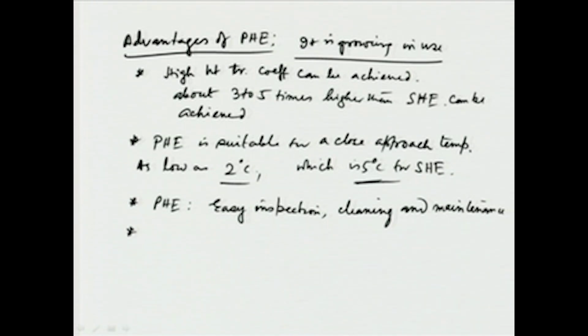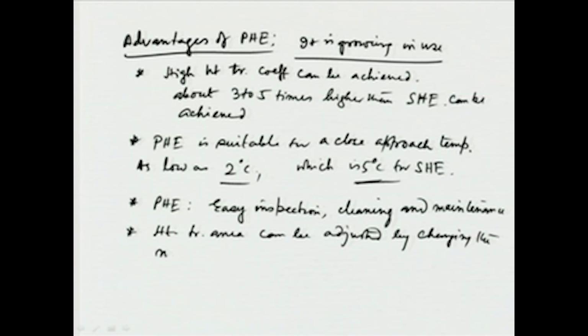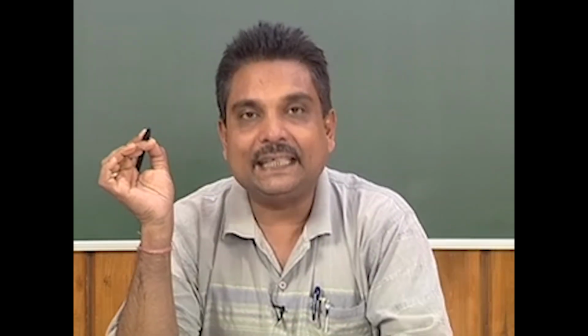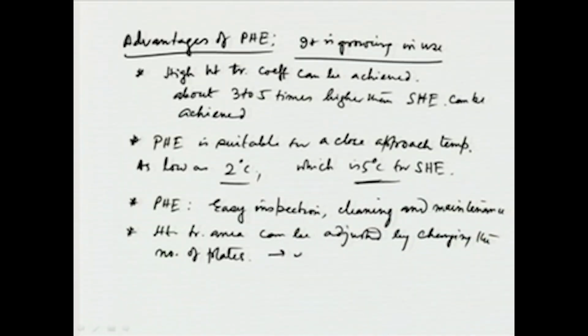Then we have some more important points: the heat transfer area can be adjusted by changing the number of plates. If we require more heat transfer area, we will put more plates. If we require less heat transfer area, we will put fewer plates, and also we can change the plate area. This adjustment can be easily done.